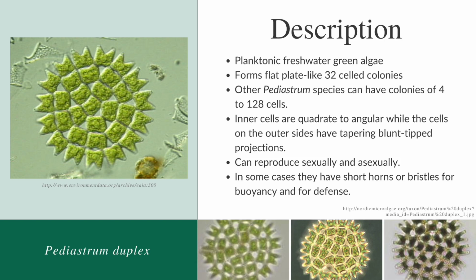In the colony, inner cells are quadrate to angular while the cells on the outer sides have tapering blunt tip projections. In some cases, they have short horns or bristles that can both improve their buoyancy in the water and also help them prevent predation. These algae can reproduce sexually and asexually.